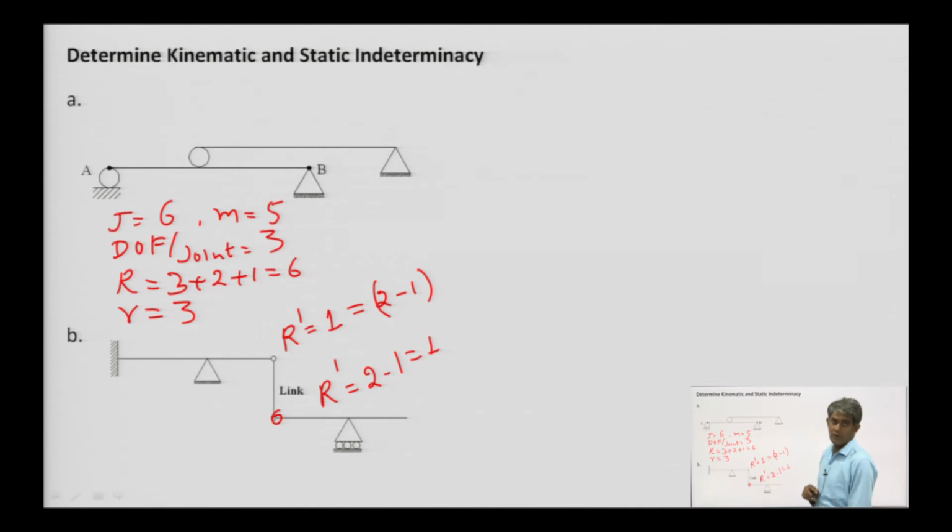Now, we can calculate the kinematic indeterminacy and static indeterminacy. So, kinematic indeterminacy, degree of freedom 3, number of joints are 6, minus restraints 6, and additional plus 1 plus 1, calculate it. 18 minus 6, 12, 13, 14, it is 14.